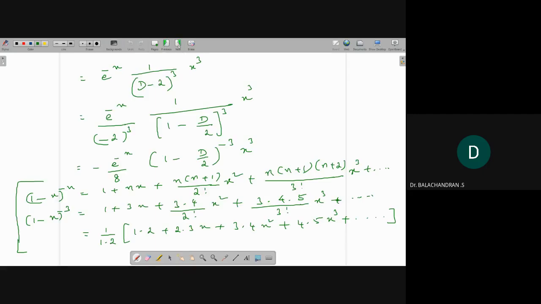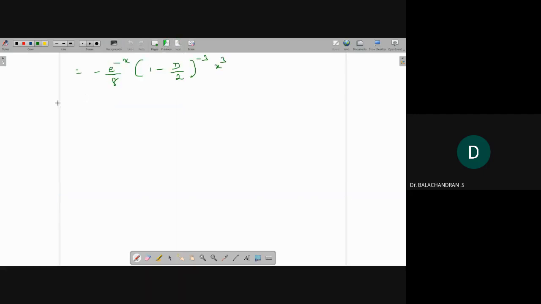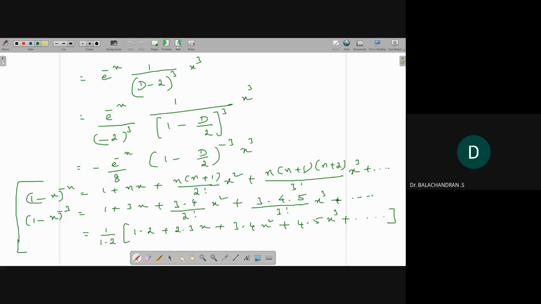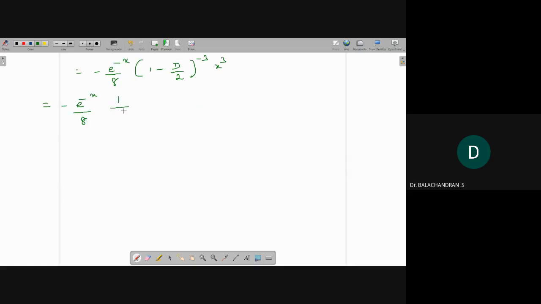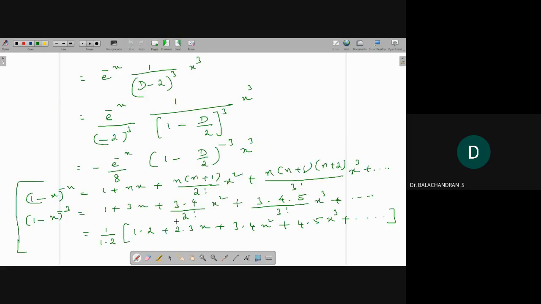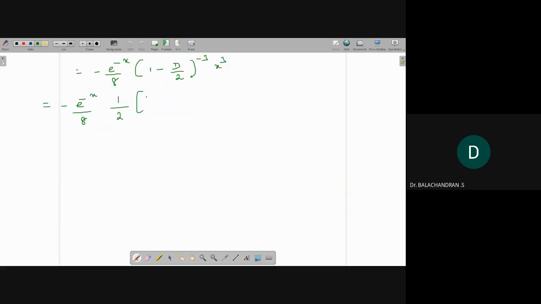Okay, I think it is correct. Now it is equal to minus e power minus x divided by 8, 1 by 1 into 2. That is, I will write 2, 1 into 2 plus 2 into 3 into x.